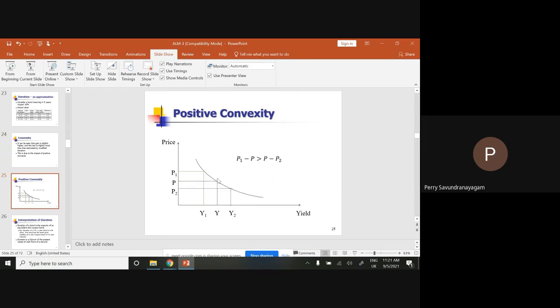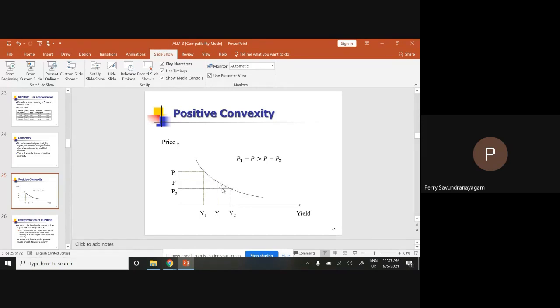This part of the curve with a similar interest rate move has a bigger impact than this part of the curve. In other words, if you can see the shape here, the change here is bigger than the change here.